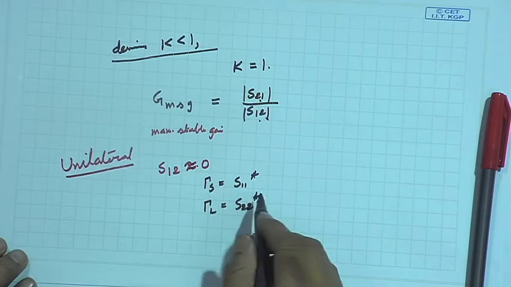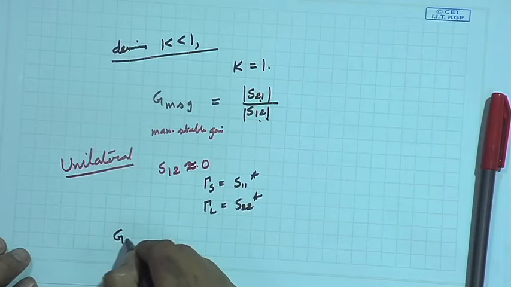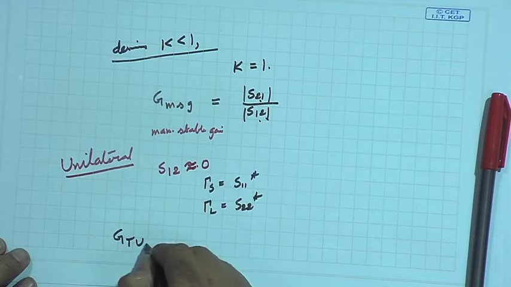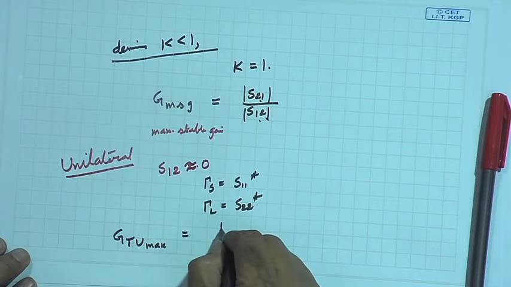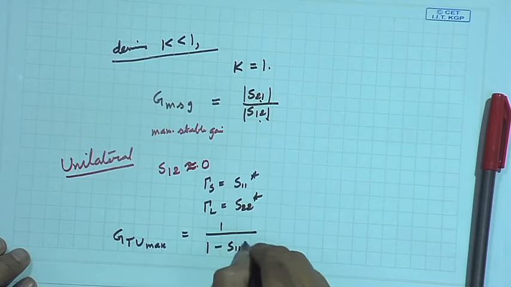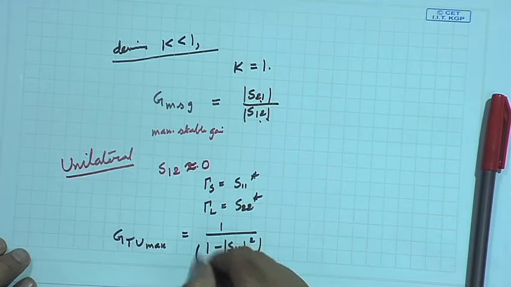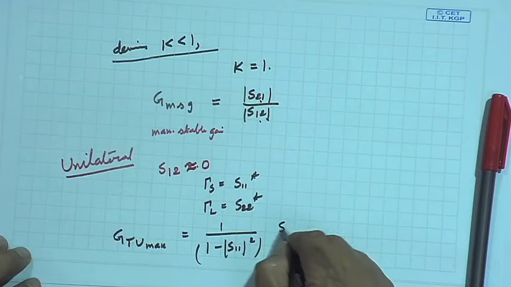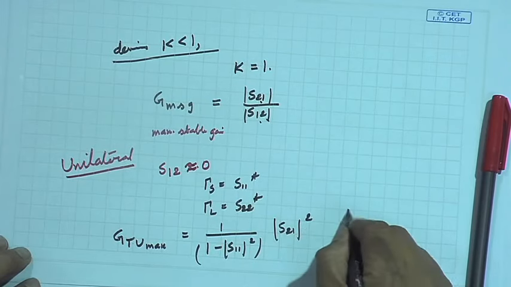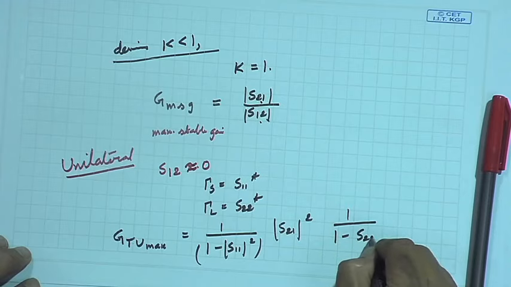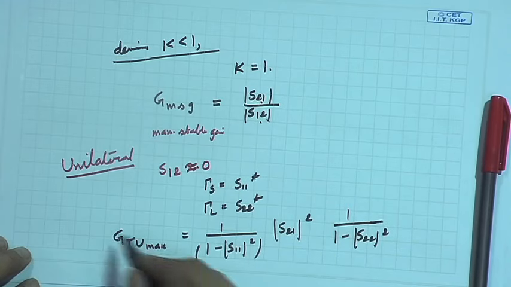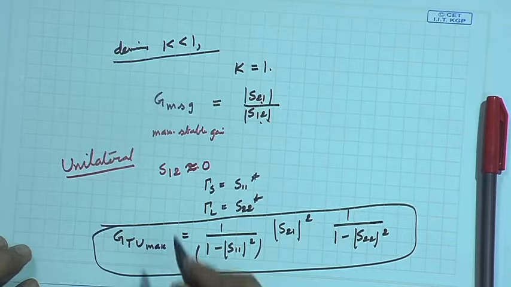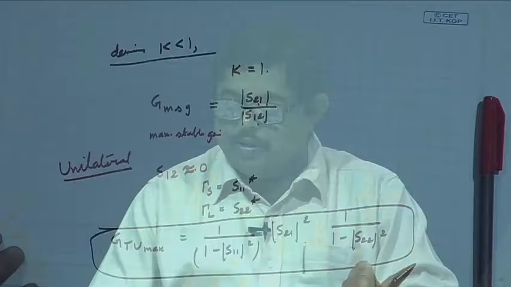So, with this formula we can write that GT unilateral maximum gain possible will be given by simply 1 minus S11 square, instead of those other complications, S21 square and 1 minus S22 square. This is for the unilateral case, which many times we can assume, and that time we can achieve a maximum transducer gain like this.